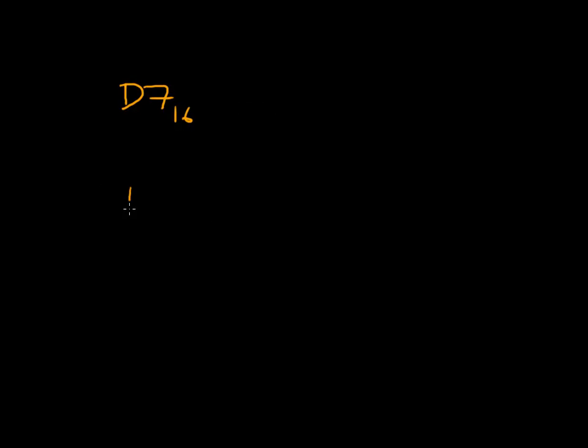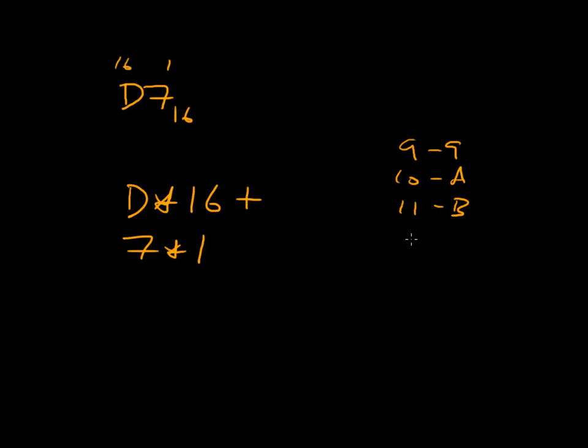So it's D times 16. Remember, that's the ones column, that's the 16s column. So D times 16 plus 7 times 1. Now, what is D? So 9 is 9, 10 is A, 11 is B, 12 is C, 13 is D. So there we go, it's 13.